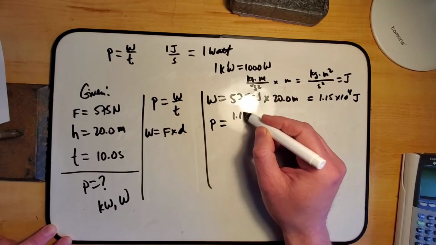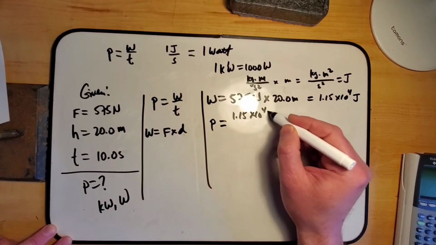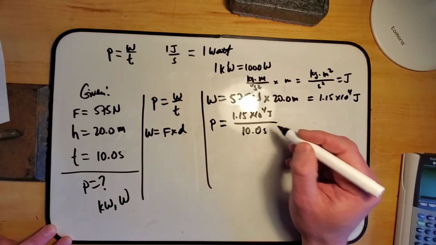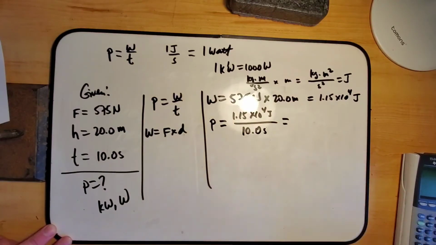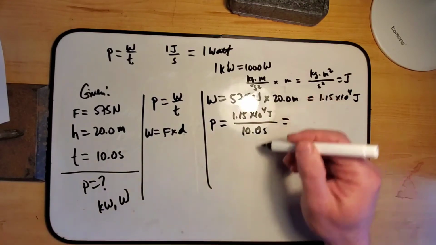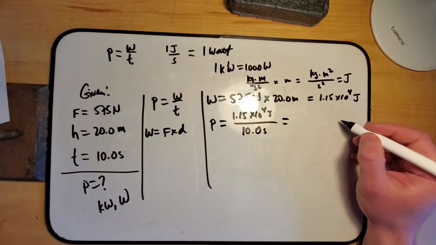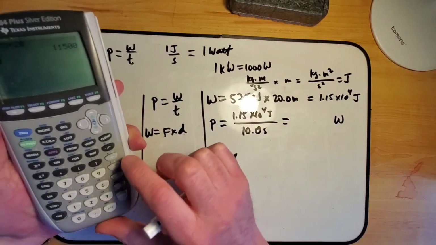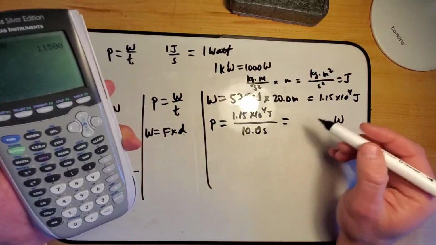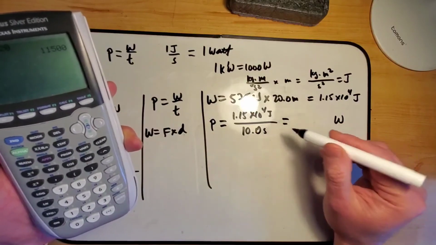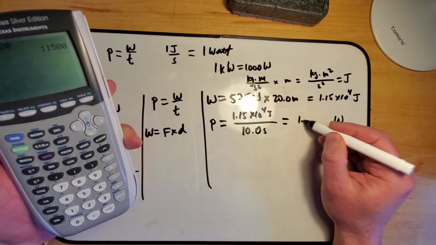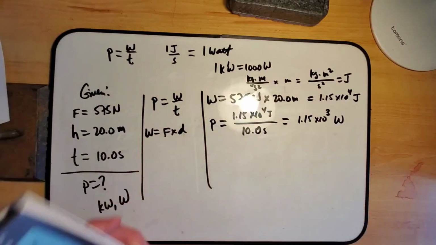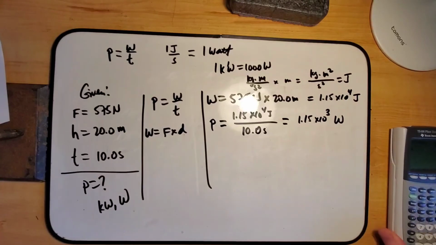I know my W, 1.15 times 10 to the positive 4 joules, over 10.0 seconds. Again, I have 3 significant figures in both numbers. And the joule over second, I just define as watts. I don't really need the calculator here, I just have to reduce by 10. This number is going to be 1.15 times 10 to the positive 3. So that will be the answer in watts.